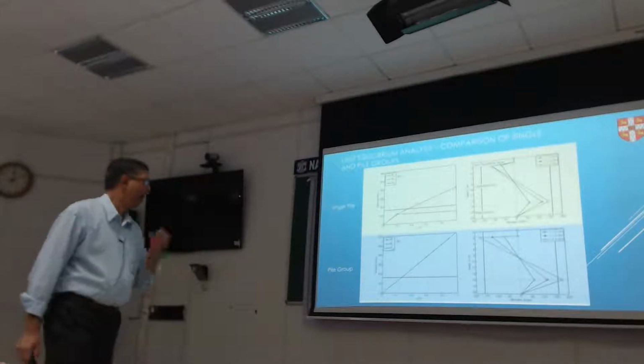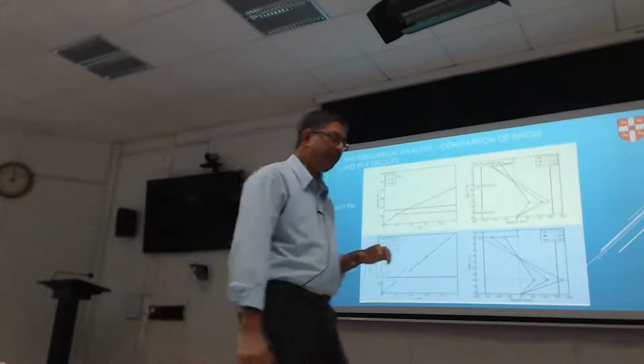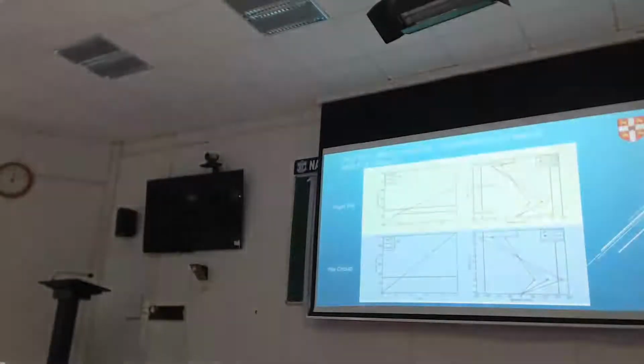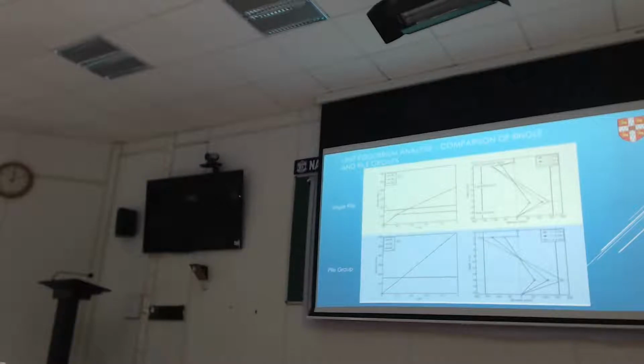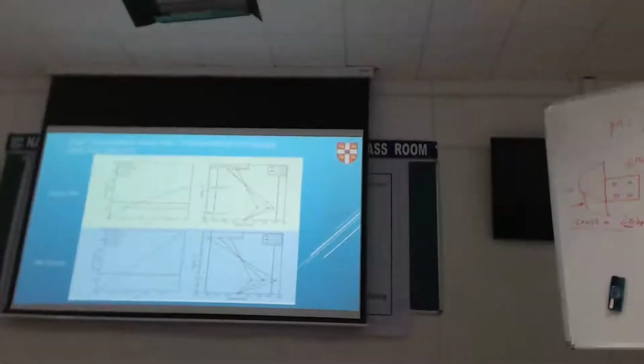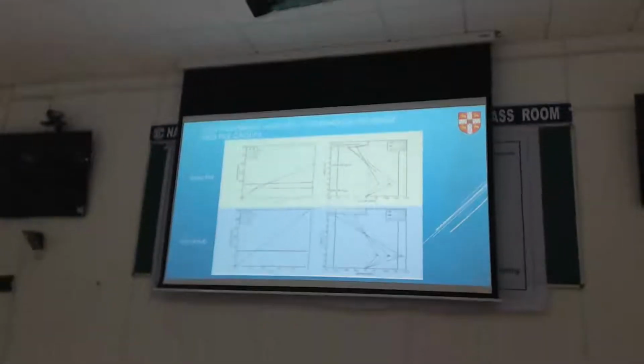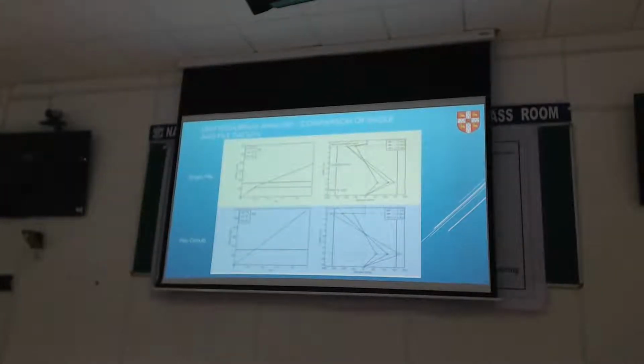Now we can make, using no more sophistication than what I have explained, a comparison of what a single pile does compared to a pile group. I'm not saying we consider the complexity of soil flowing in between the piles.